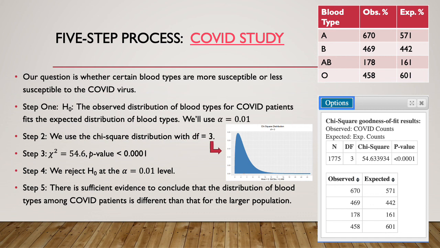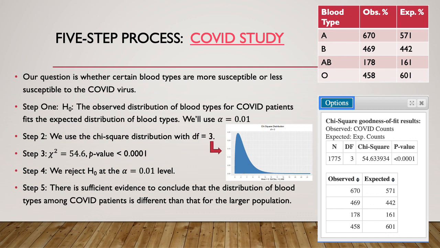Okay? Now, again, our conclusion is basically stated in terms of the null hypothesis. You can certainly observe from the table that it looks like type A, people with type A blood are more susceptible than average to the COVID virus. Type O blood types are less susceptible. Okay, strictly speaking, the chi-square test doesn't tell you that.